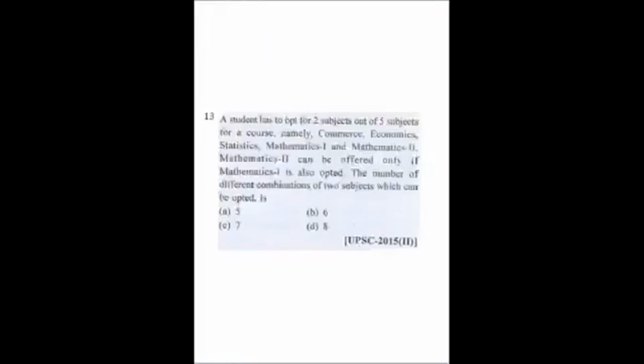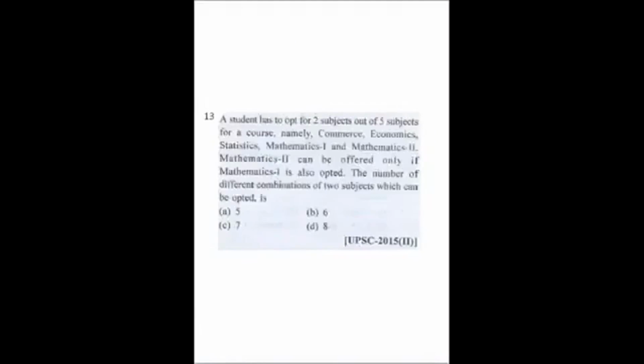A student has to opt for 2 subjects out of 5 subjects for a course, namely commerce, economics, statistics, mathematics 1 and mathematics 2. Mathematics 2 can be offered only if mathematics 1 is also opted.